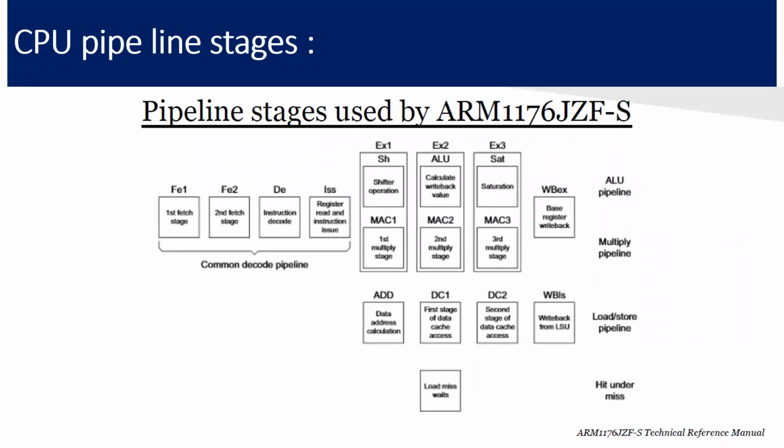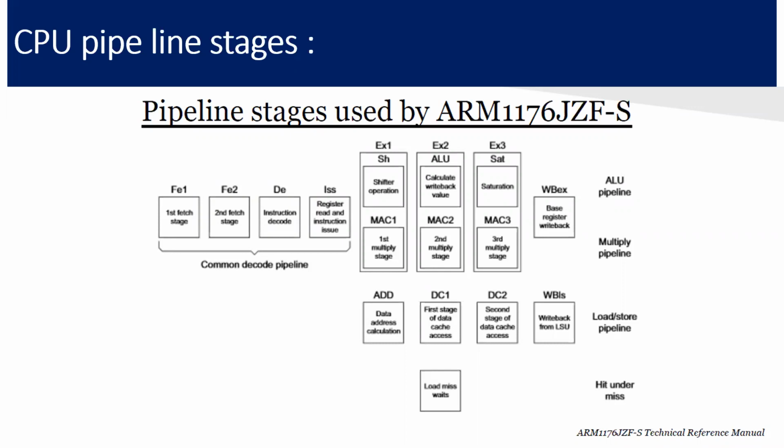All these stages are overlapped, and the output of one stage is given as input to the next stage. That is what is happening here, and that is what you have to remember.